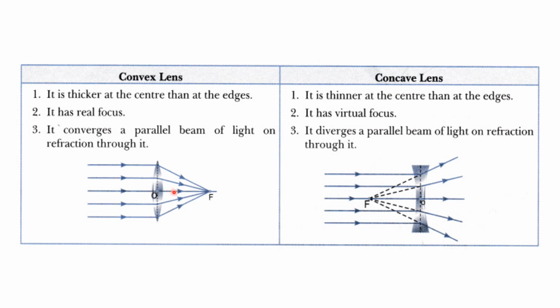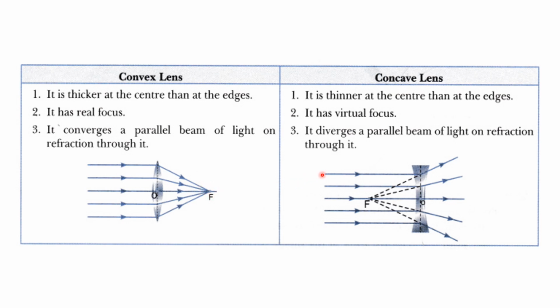In case of a concave lens, it is thin at the center and thick at the edges. Now if you see the refracted rays in a convex lens, all are converging at one point, so we call a convex lens a converging lens.